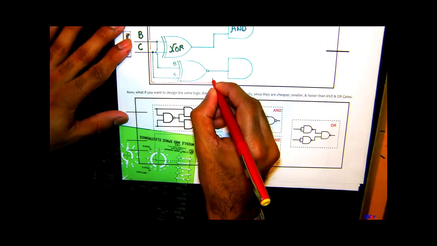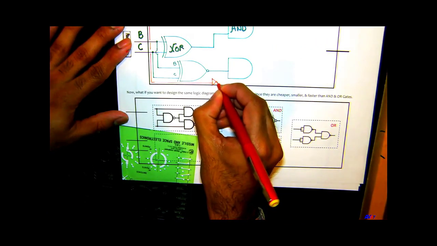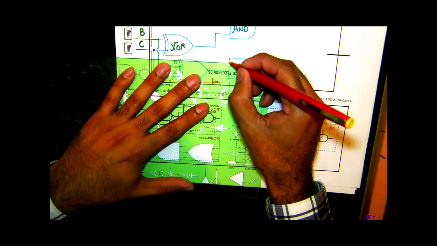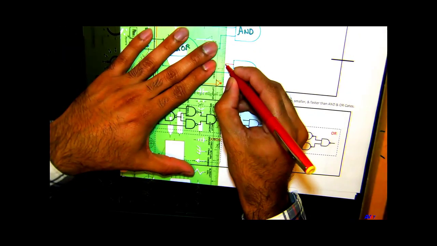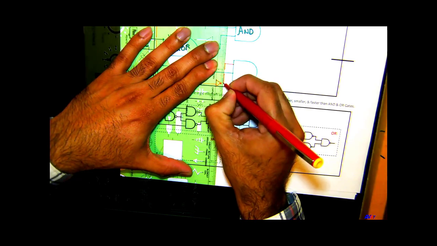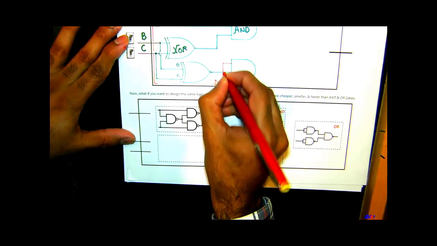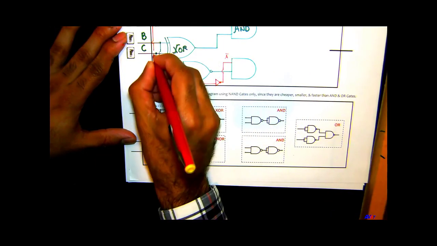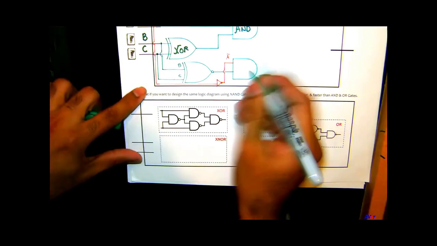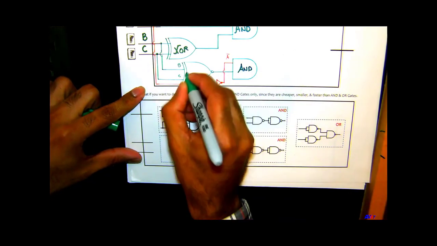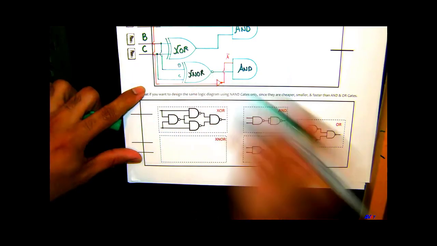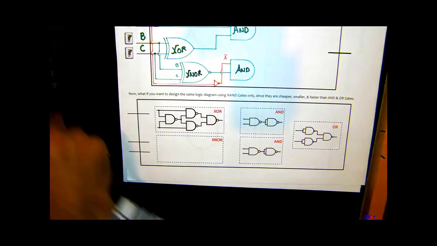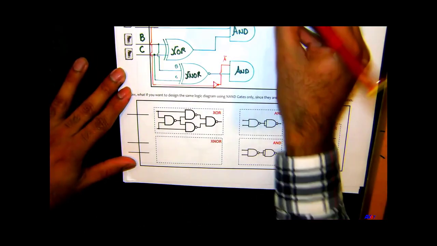This is going to be an inverter, and that goes here. So this is my A bar. This is my AND gate here. This is my exclusive NOR. And then the outputs of these AND gates go into an OR gate, right? So another OR gate right here.